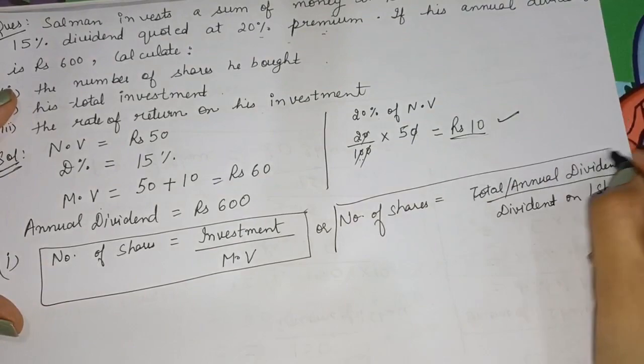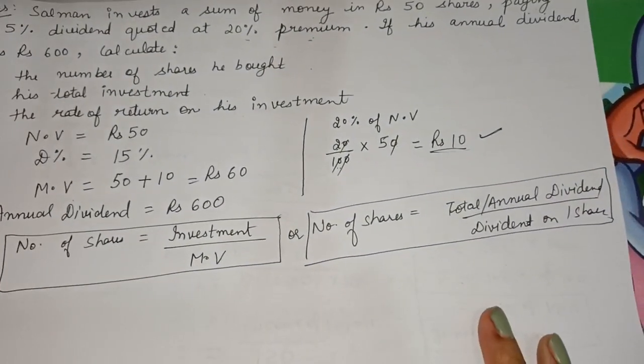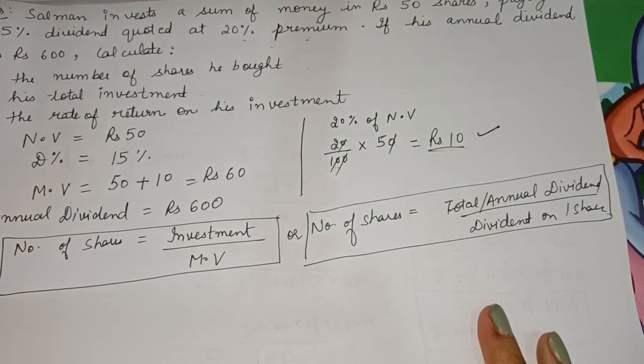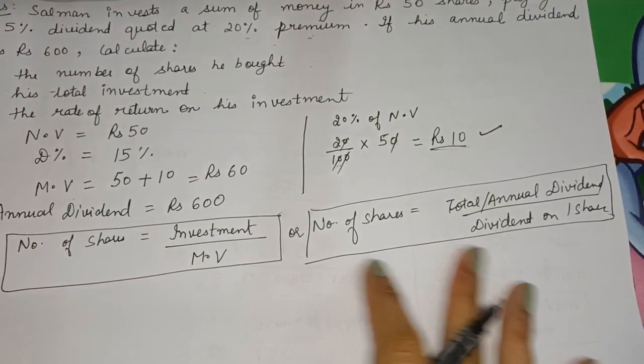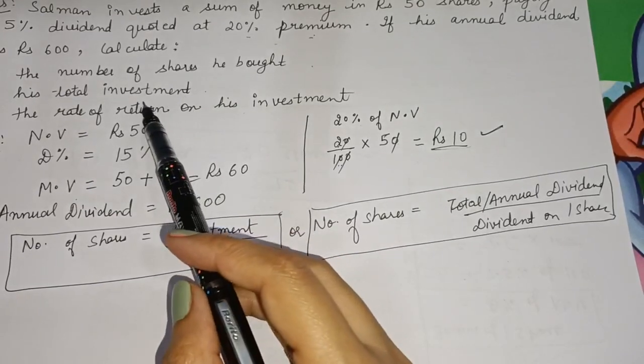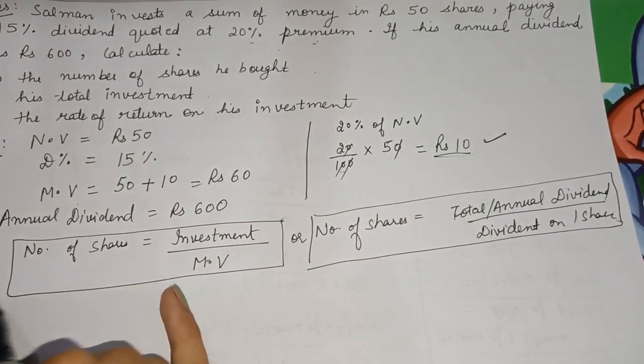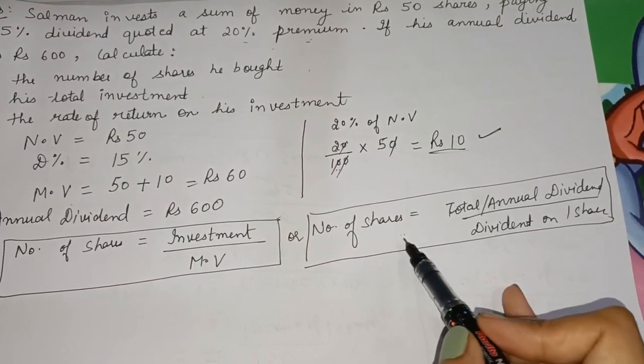Both the formulas I have discussed so many times. Now you have to understand which formula we can use here. We have to find number of shares. We don't know investment. As you can see, in the second part we have to find investment also. MV we know. So that means this formula we can't use. This formula we can use.